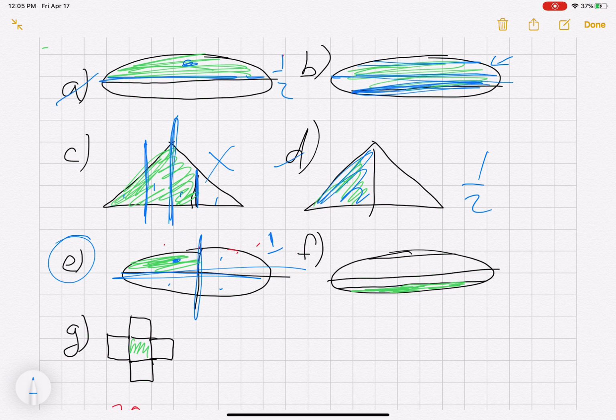So 1 out of 4, 1/4 are shaded. If I look at F, these again are not equal parts, so it can't be described as a fraction. And this one here, all parts are equal, but if I look at it, there's 1, 2, 3, 4, 5 parts, so this would actually be 1/5.